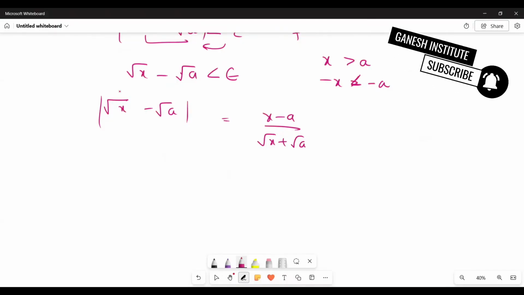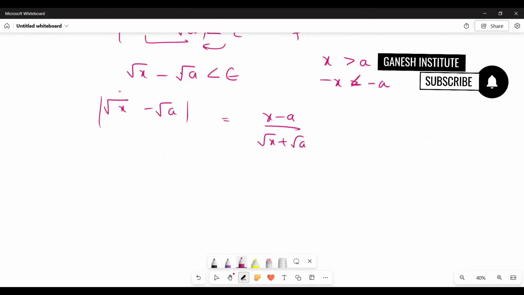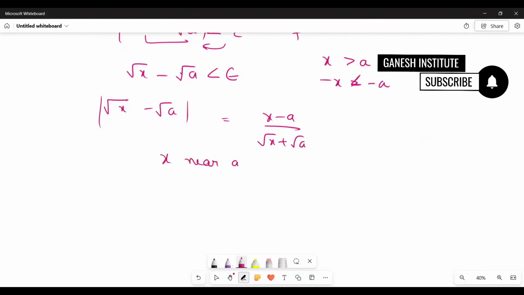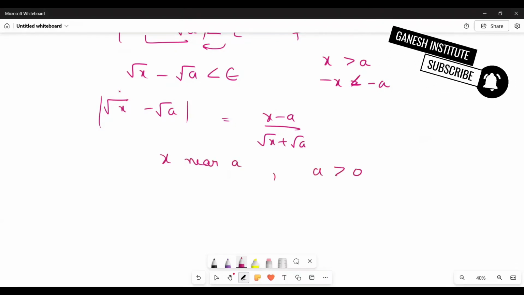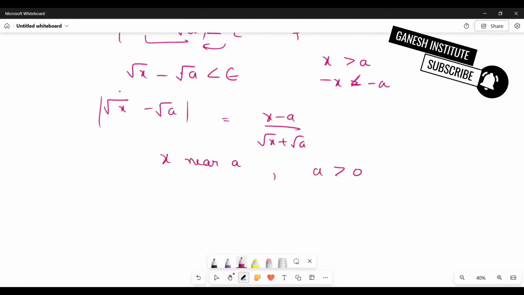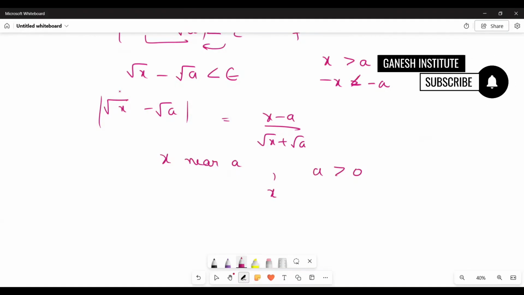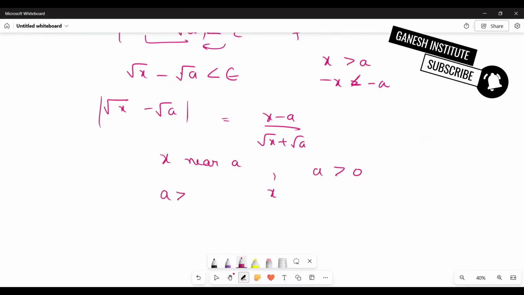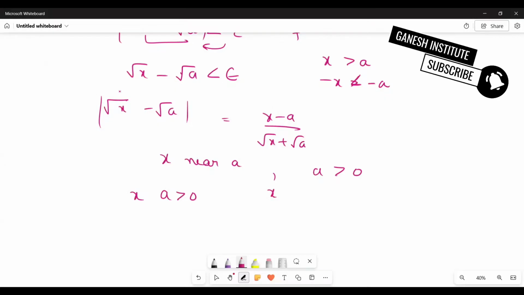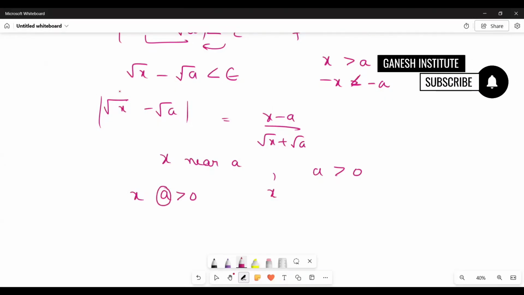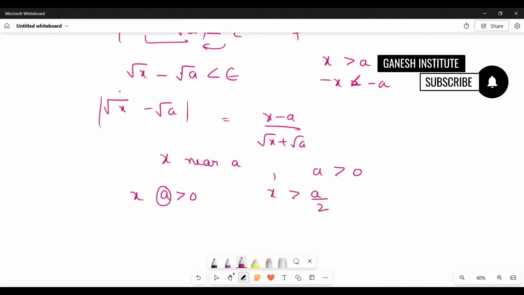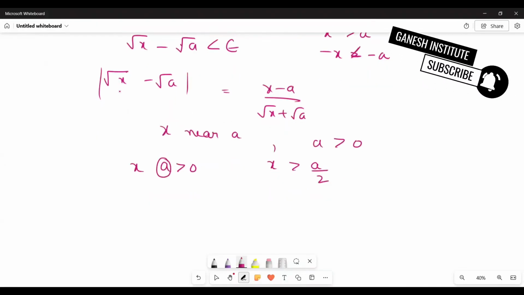So how can you bound it? I need x near a. Though a is greater than 0, can I make x in relation with a? Let's assume x is greater than a by 2.